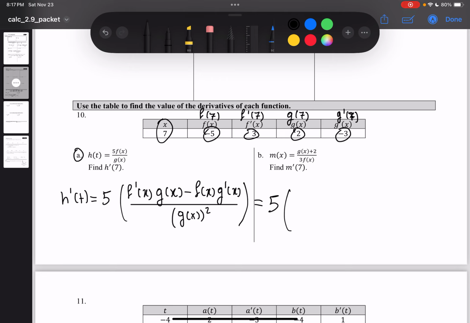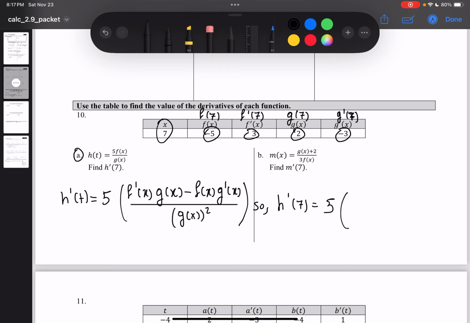Now, hold on, sorry. According to terminology, we have to state that h prime of 7. We cannot say that this is going to be equal to h prime of 7. You can literally say, so h prime of 7 is equal to 5.